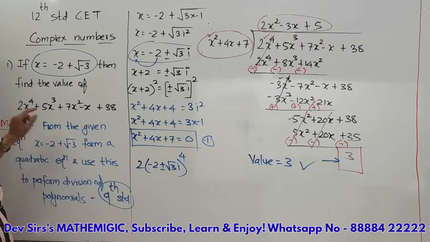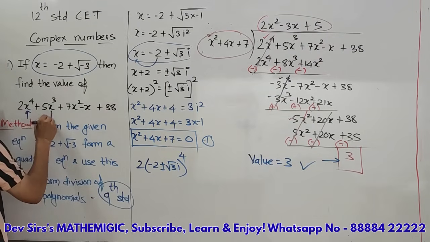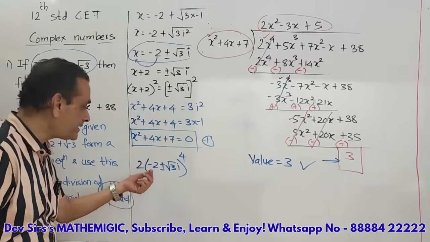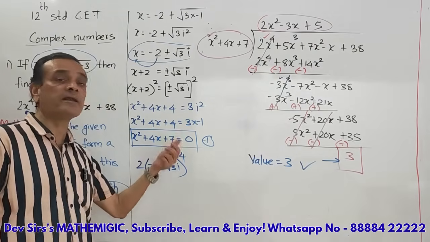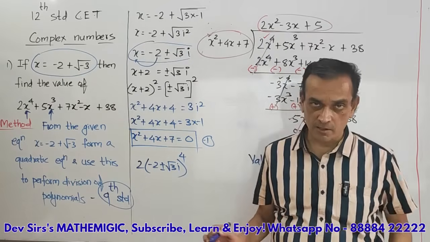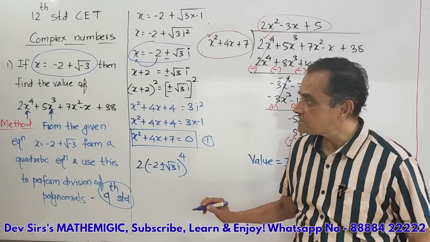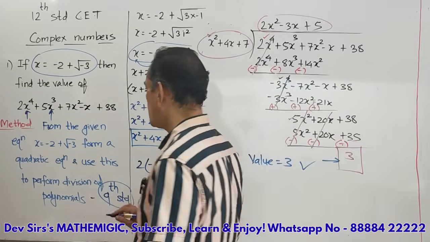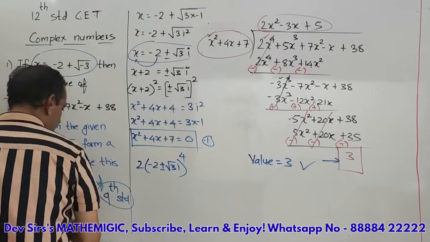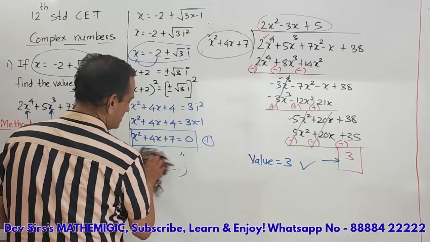Substitute at every place, here put x, here put x. It is going to become very complicated. How are you going to expand -2 plus or minus root 3i raised to 4? Binomial theorem. It will take half an hour. So this is the method: form the quadratic equation and use division of polynomials.